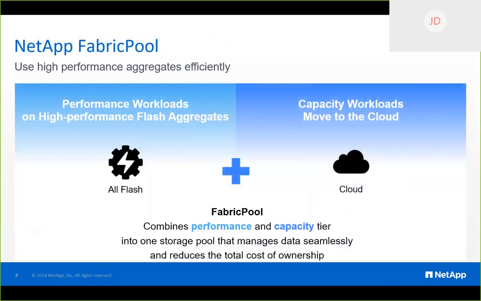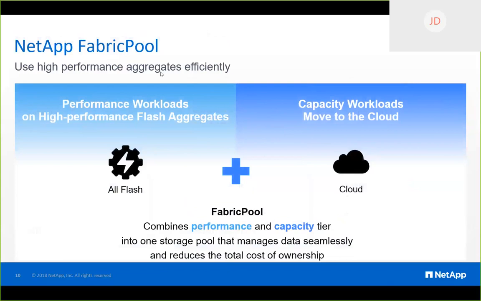One last ONTAP feature I wanted to mention that's important for Cloud Volumes ONTAP is FabricPool. Now, this is a really neat feature that lets you use high-performance storage more efficiently by combining your performance tier and your capacity tier, or however you want to think about it, into one storage pool. And then we're automatically moving data to the tier that it needs to be on based on how you're utilizing that data.